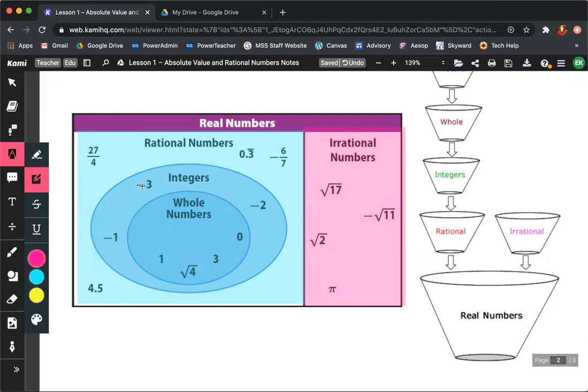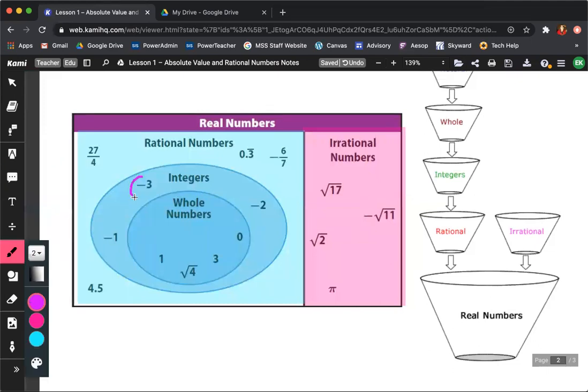But the number 3, since it's an integer, it also is a rational number. So anything on the outside it also would be, but on the inside, -3 is not a whole number because it has a negative. Versus the number 0, it's also an integer and it's also a rational number.